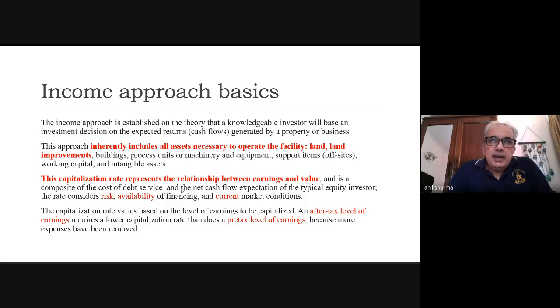I mentioned the capitalization earnings approach. It is a simple approach in income valuation and is based on the capitalization rate.